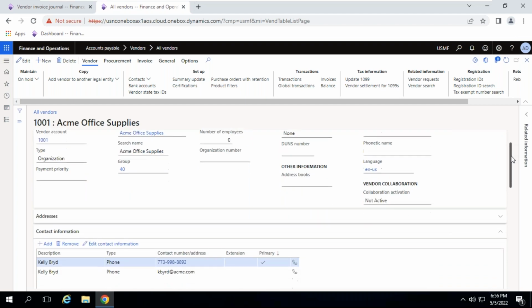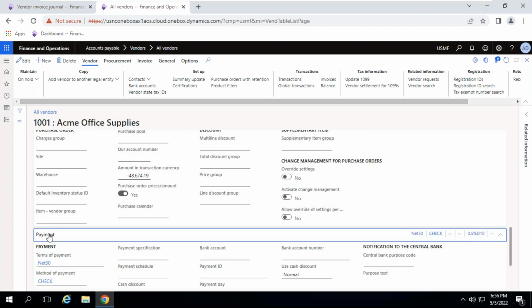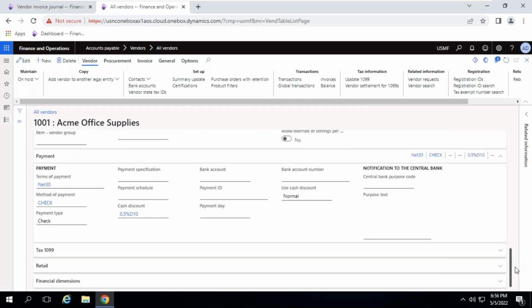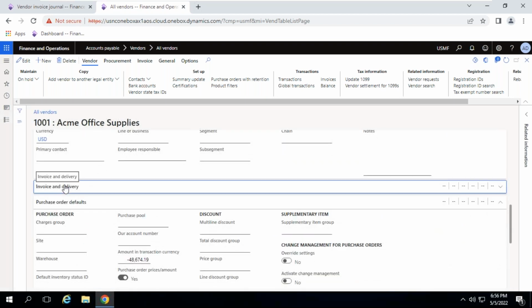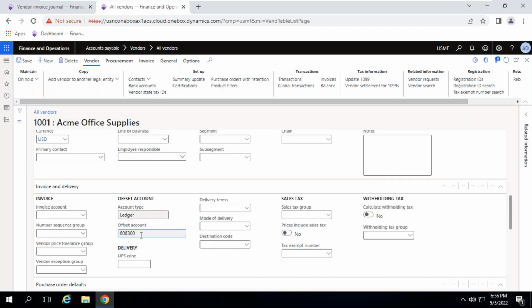If you scroll down, payments are somewhere else. Under invoice and delivery, here the offset account is there. So where is it coming from?